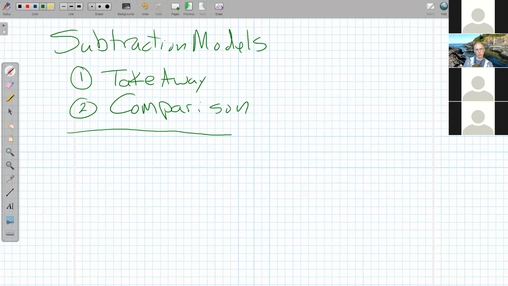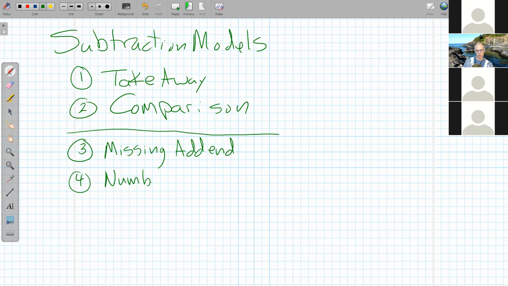So I'm going to focus on those two. Other models that we've talked about are the missing addend model and the number line model. And I think the last two are pretty straightforward.